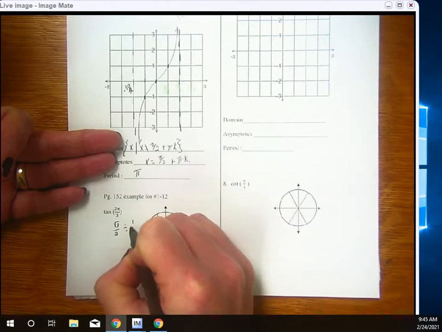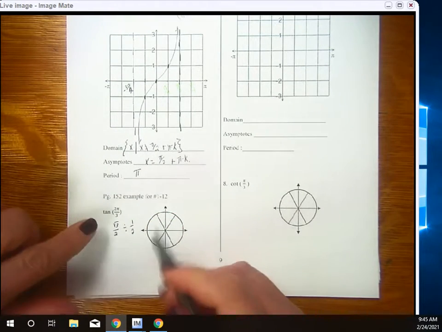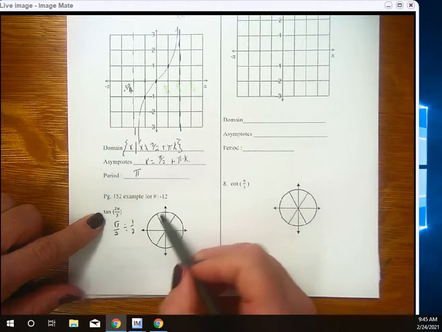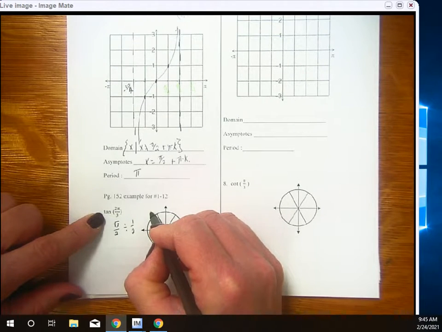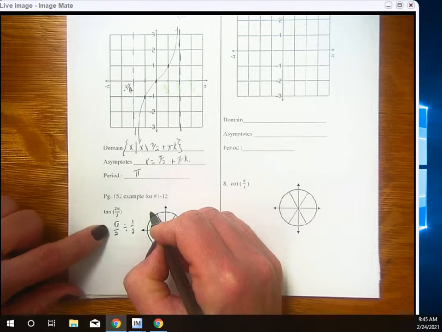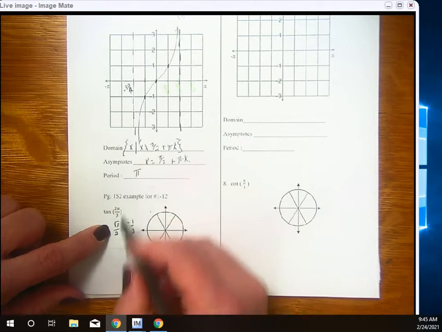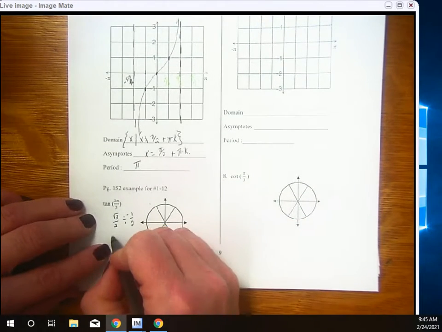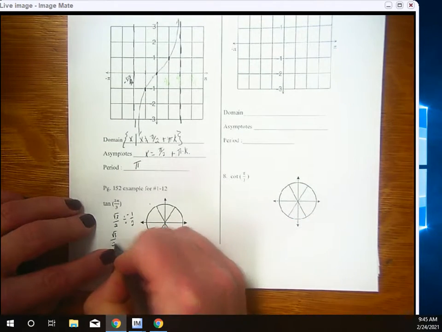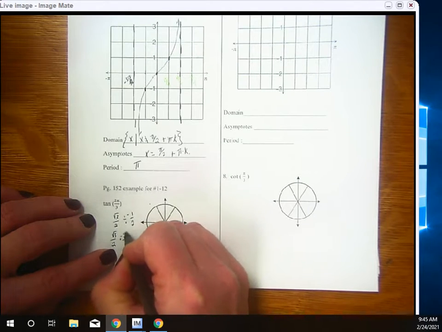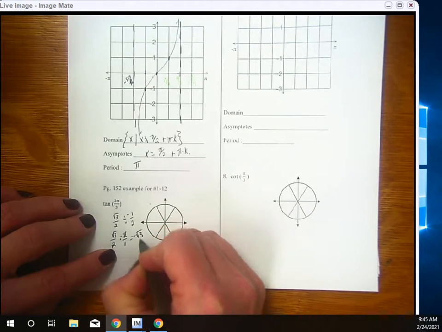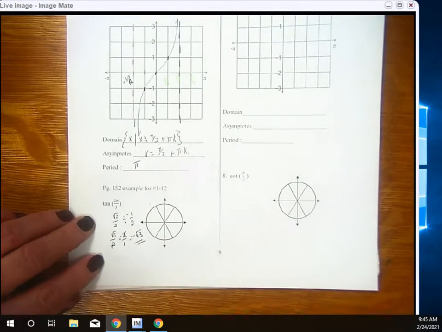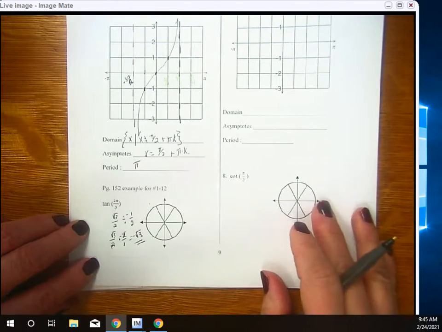Cosine is 1/2. 2 pi over 3 is over here in the second quadrant, and tangent is negative in that quadrant. The sine is positive, the cosine is negative. So you can go ahead and put radical 3 over 2 divided by a negative 1/2. Keep the first fraction, multiply by the reciprocal, and a negative radical 3 is the exact answer for the tangent of 2 pi over 3.